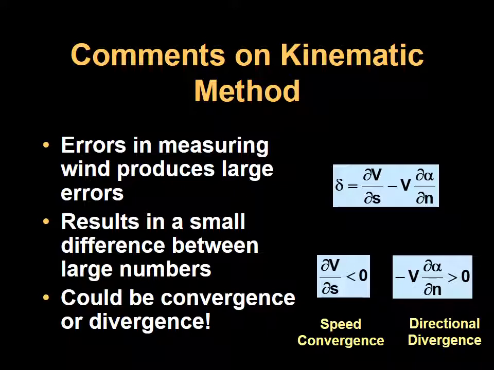And if we have small errors in our measurements of wind speed and or wind direction, then that'll cause errors in our calculations of speed convergence or divergence and directional convergence and divergence. So since we're taking the difference between two large numbers, we get a small number, and that difference is going to be small and prone to error. So we have some issues with measuring divergence in the upper levels of the atmosphere.